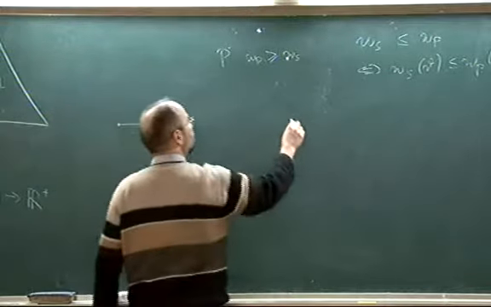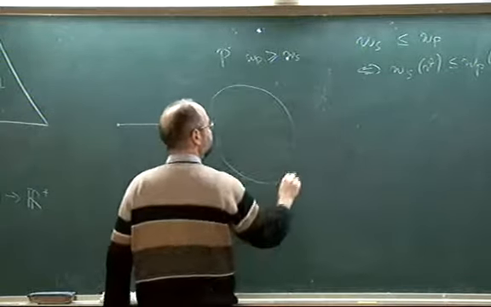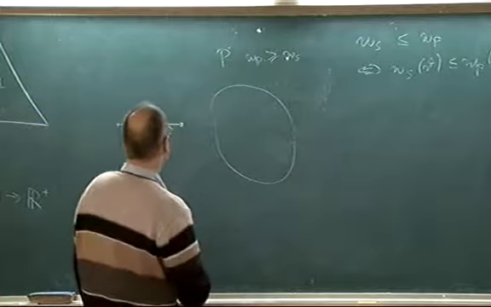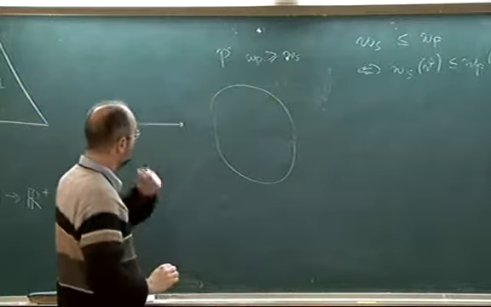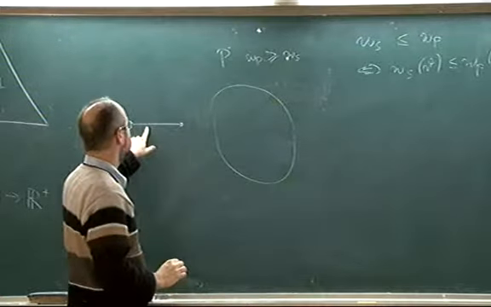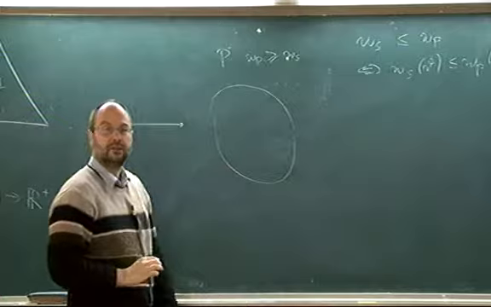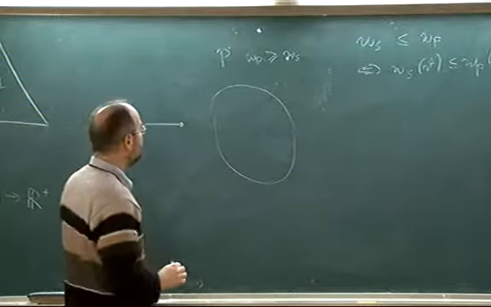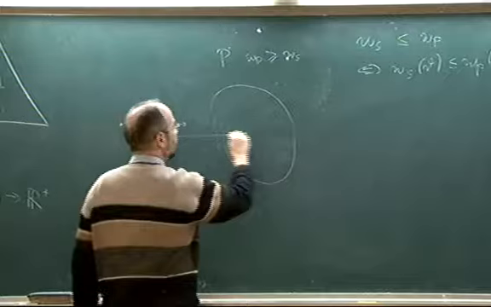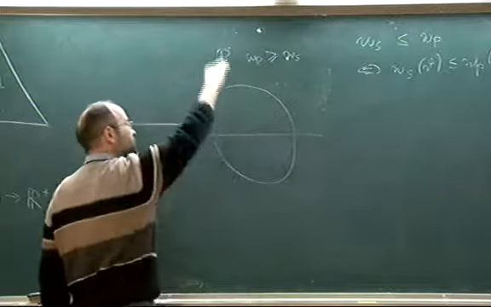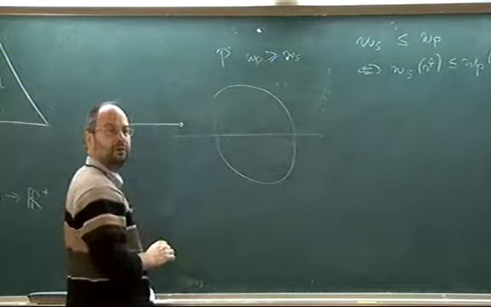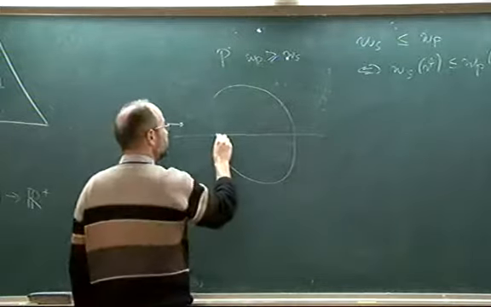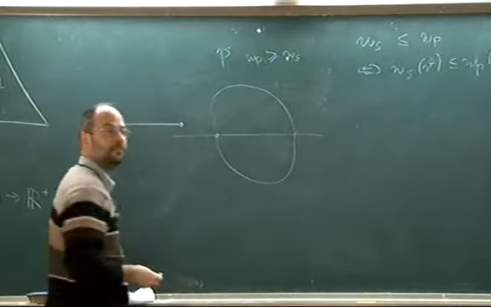Okay, so let's look at this object here. We want to show that this one can be translated to lie inside here. So what's the most likely place to put it? Well, the most likely place would be if you sweep a horizontal line over this object to pick the point where this cross section here is maximized.